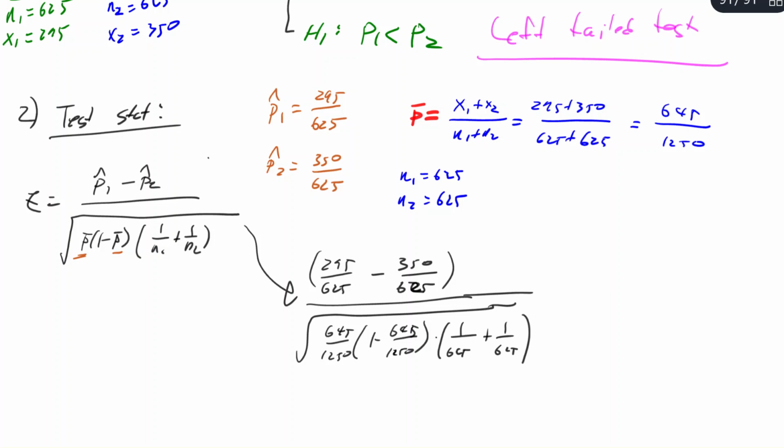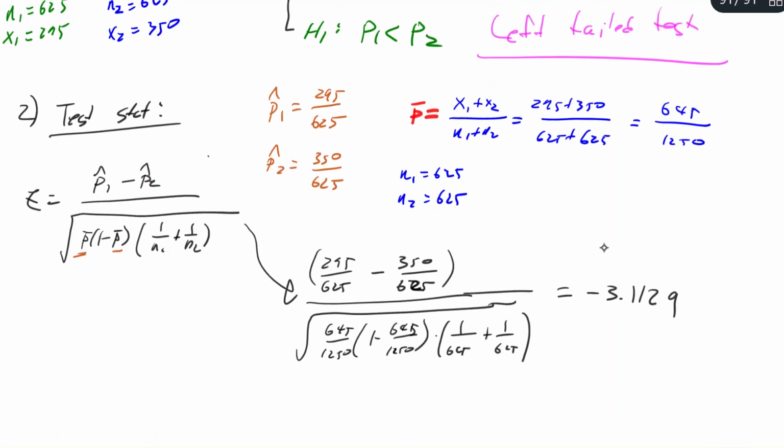Okay. So if you calculate this, you get negative 3.1129. So this is our test statistic. Test stat is negative 3.1129.